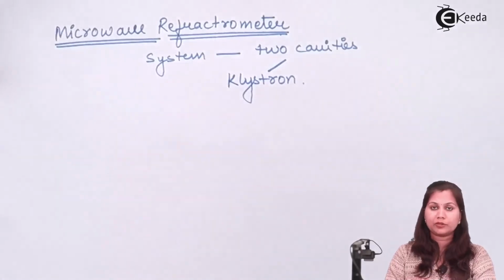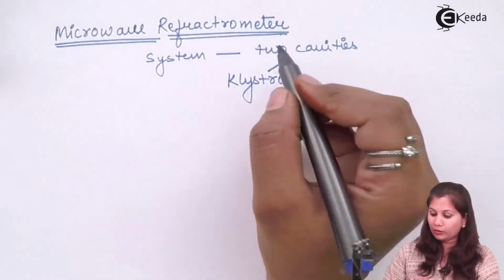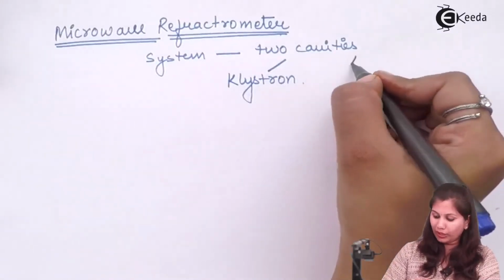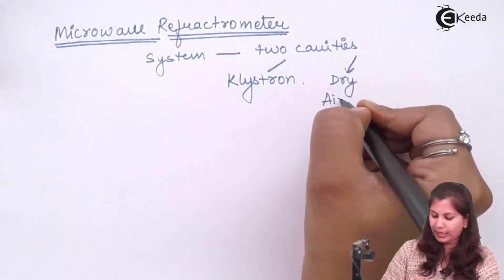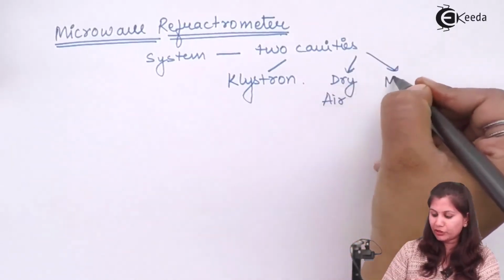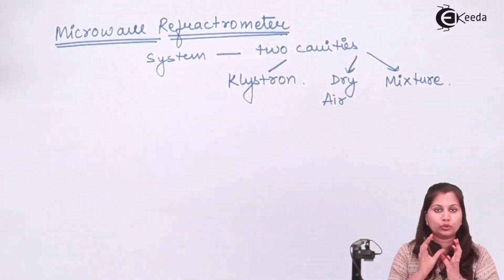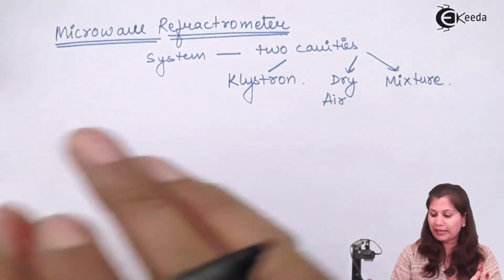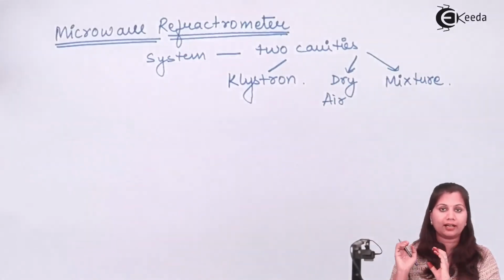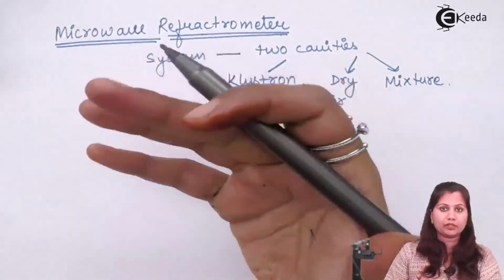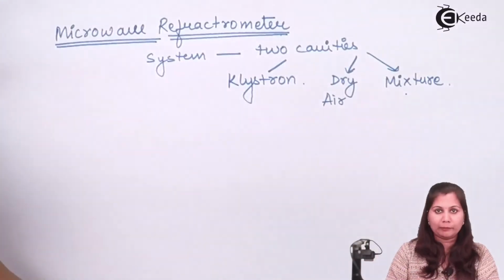Klystron is the device which produces the microwaves. Now, because we have two cavities, one of the cavities has dry air and the other cavity has the mixture whose humidity we want to measure. In that mixture, water vapors will be present.